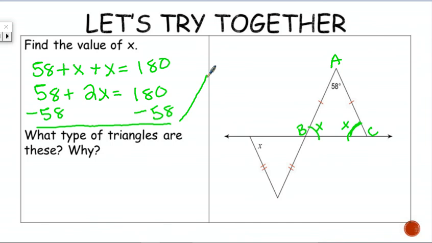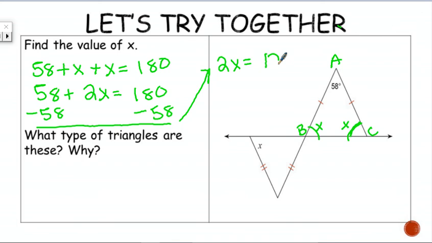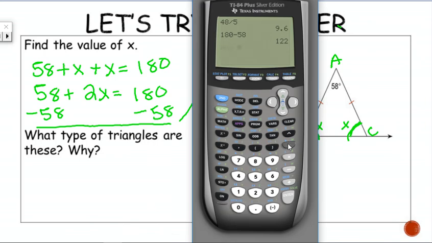So we get 2x equals 180 minus 58. Let's grab the calculator and see what we get here. 180 minus 58, so that's 122. Alright, so divide this by 2, divide this by 2, and x should equal 122 divided by 2, which is 61.